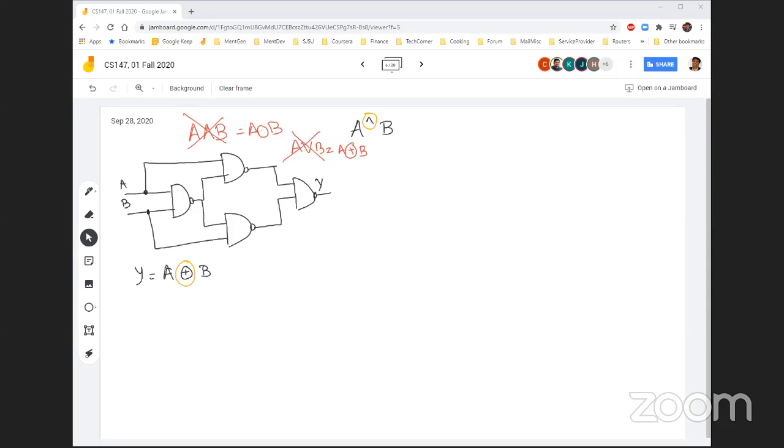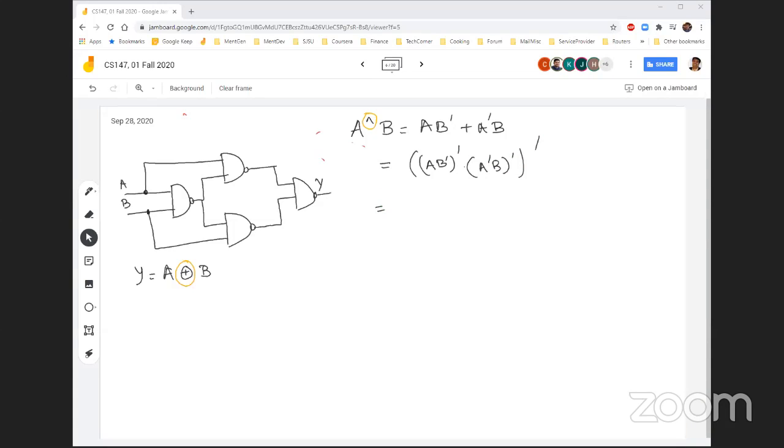Okay, so our problem in hand is how we can derive this compact circuit for the XOR. We all know XOR by functionality is AB bar or A bar B, right? By De Morgan, we can write this as (AB bar)' NAND (A bar B)'.